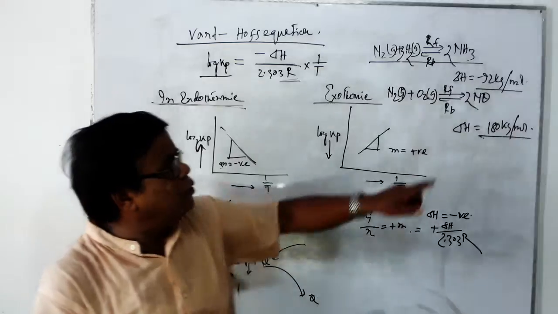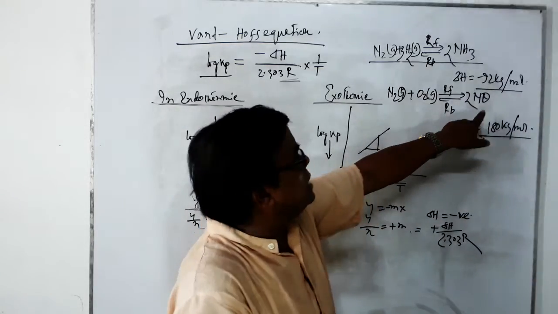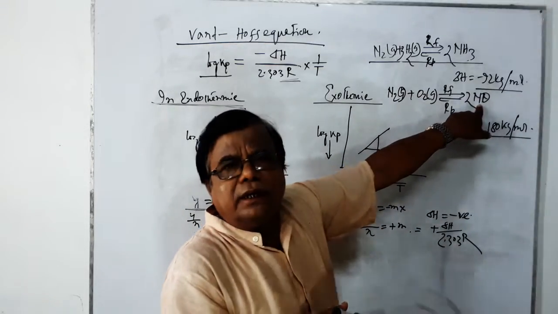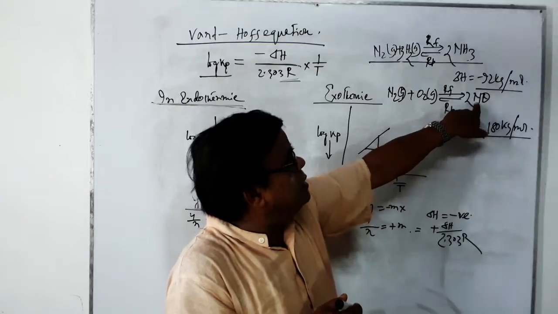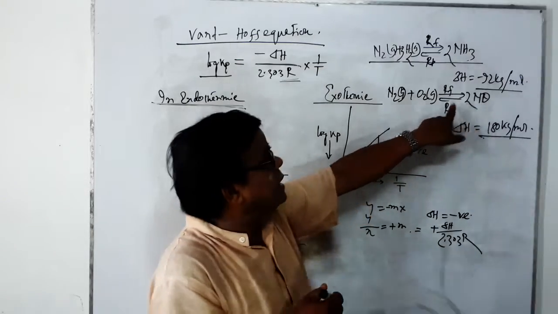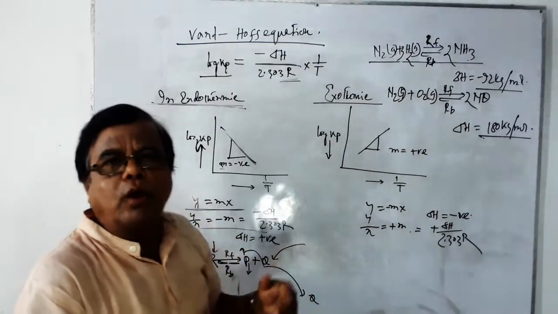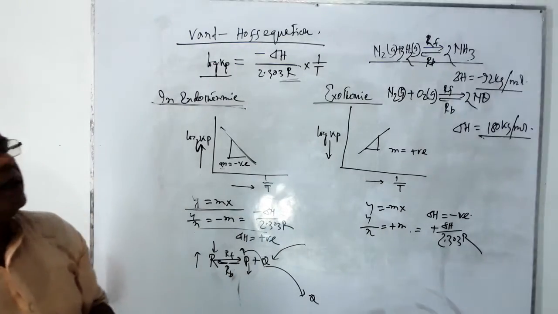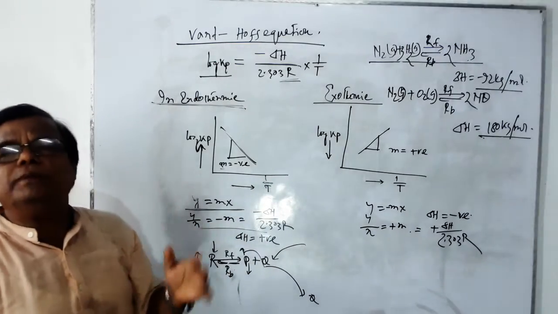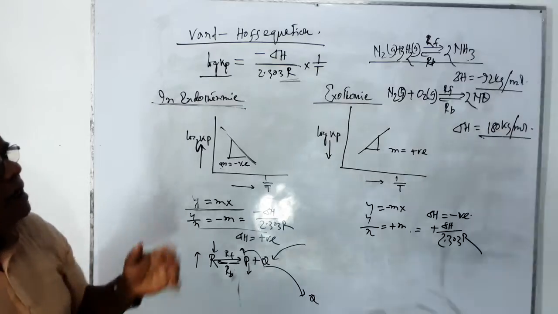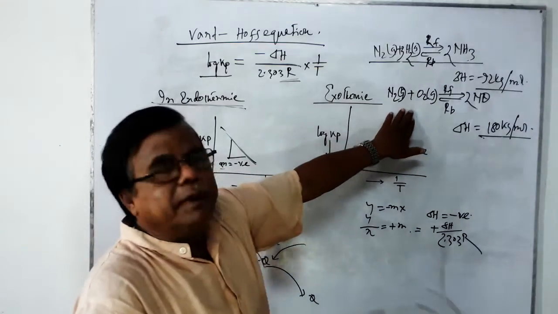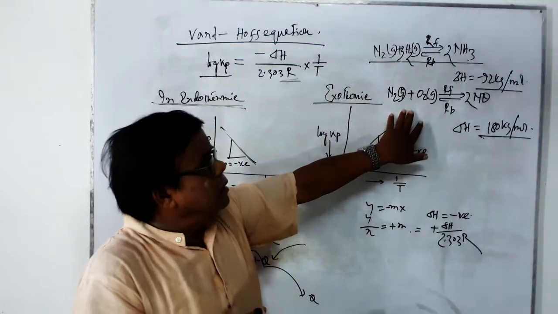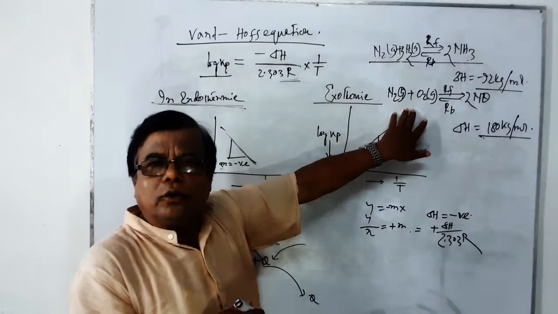If the temperature is decreased, the amount of nitric oxide decreases, the reaction goes backward, and the reactants nitrogen and oxygen increase. This is the application for an endothermic reaction.